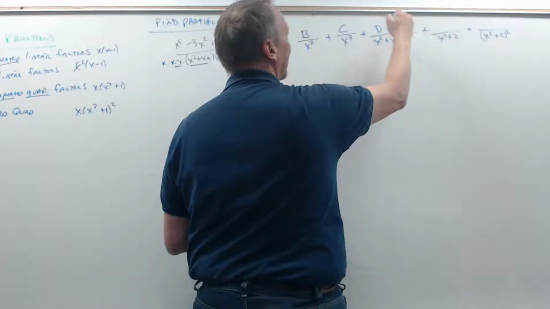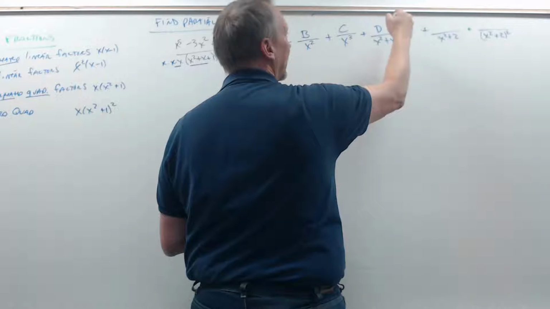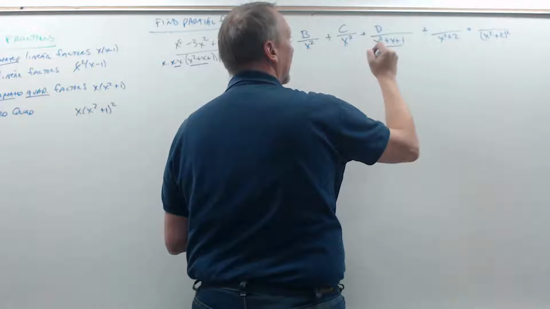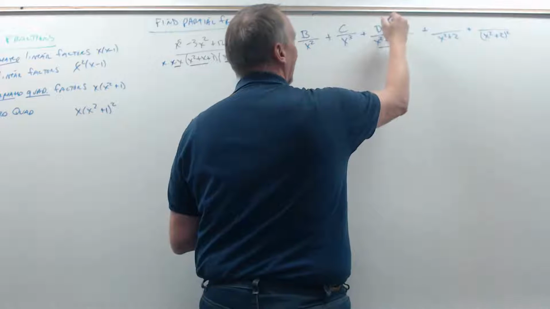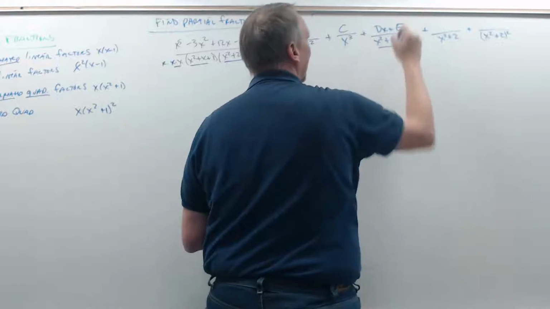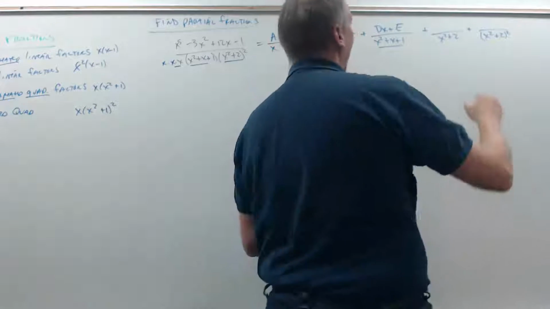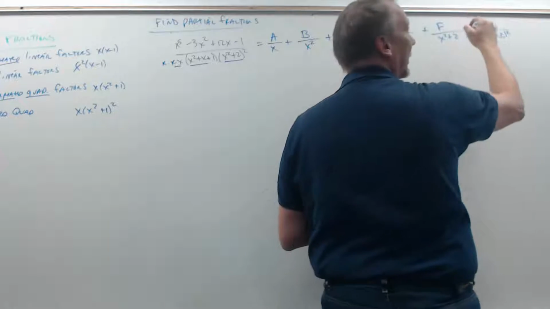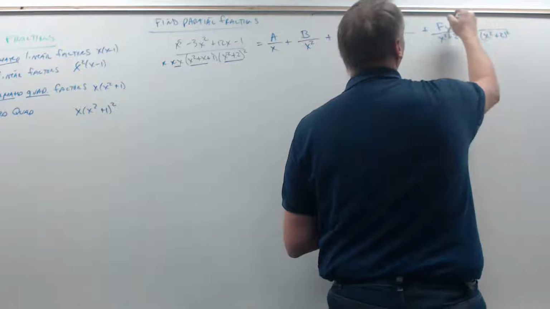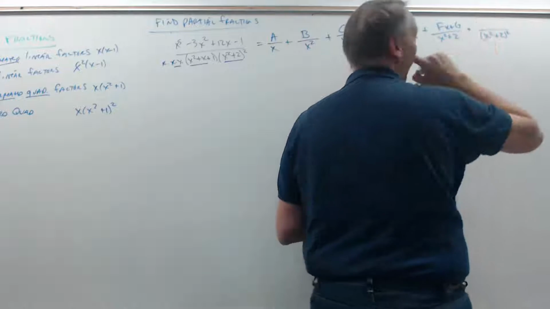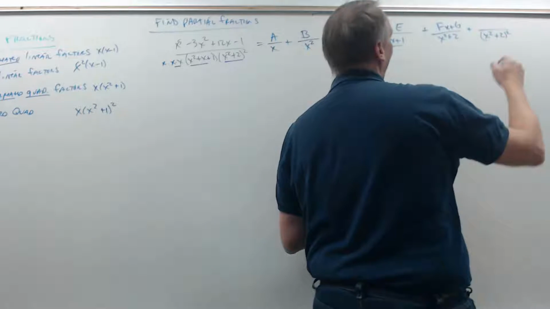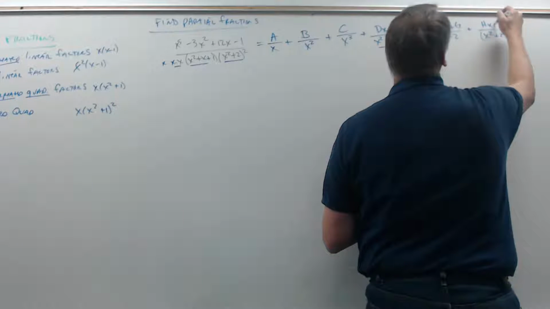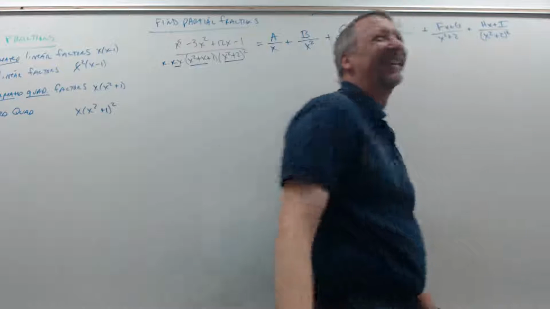E. This is quadratic, so then it's going to be Dx plus E, then F. When we get to F, it also has x plus G, and then Hx plus I.